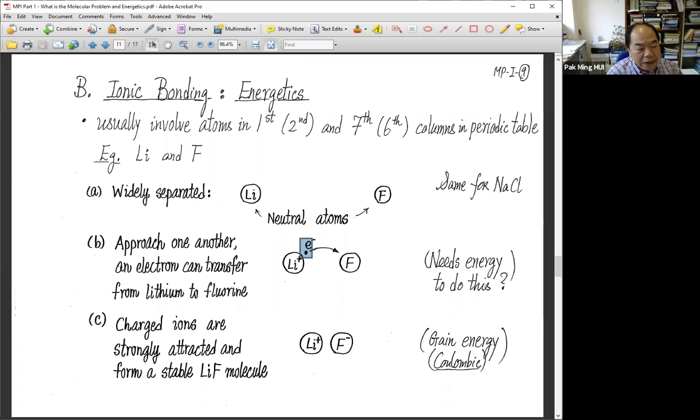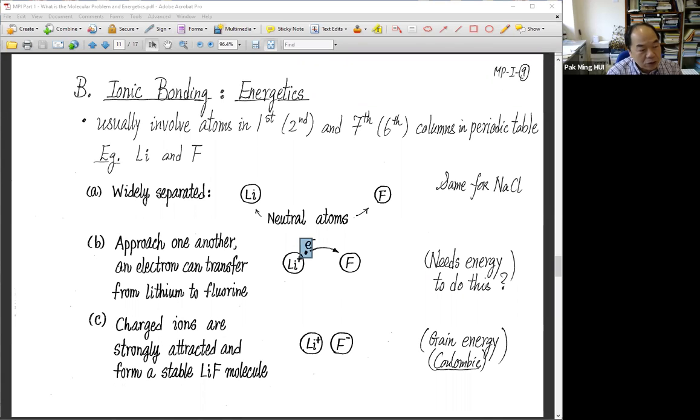Second is the electron affinity. This is the energy gained for some atoms. If you put one extra electron into it, the total energy, the ground state, could actually be lowered. And the amount is called electron affinity.